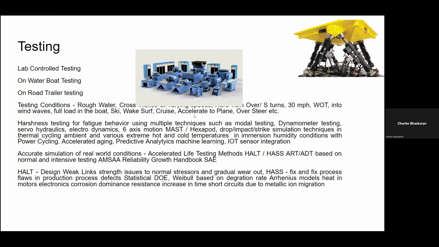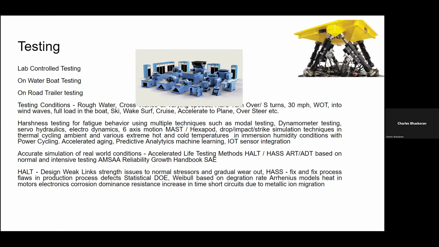When we say harshness testing, there are a lot of techniques today that we can use to simulate real world conditions. Basically, you go in and collect a bunch of data, and then we create these testing mechanisms. What you see in the blue color is an electrodynamic shaker. The electrodynamic shaker is very commonly used today to create conditions of vibration and shock. This can also be multiple.